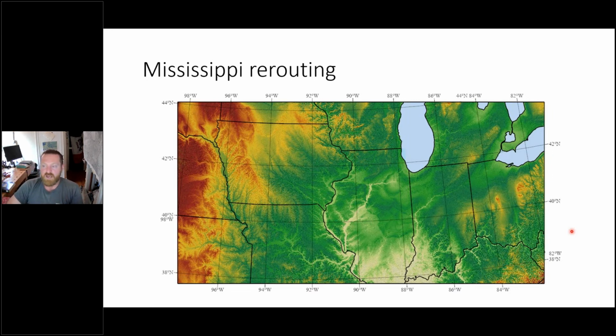Before the last glacial advance, the Mississippi River actually went through Peoria. So it came down from its track here, but actually went into Illinois and flowed down what is now the Illinois River Valley. And so the Mississippi River south of Muscatine is actually the Iowa and Cedar Valleys, and the Des Moines River contributed as well.